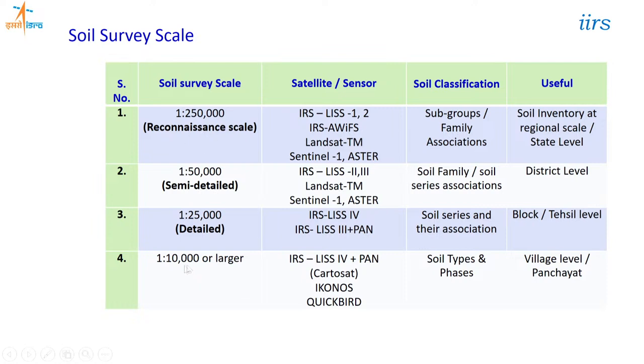This scale is useful for village level planning. 1:25,000 scale is useful for block or tehsil level planning. 1:50,000 scale is useful for district level planning, and 1:250,000 scale we generally use for state level or regional level planning.